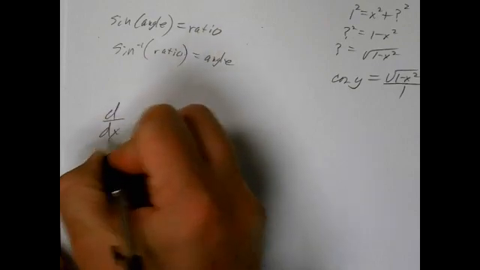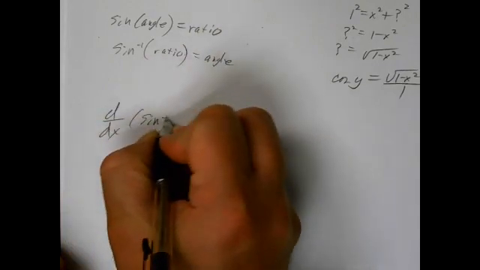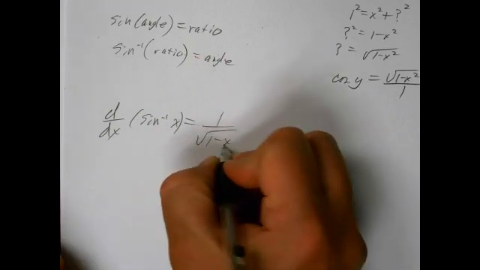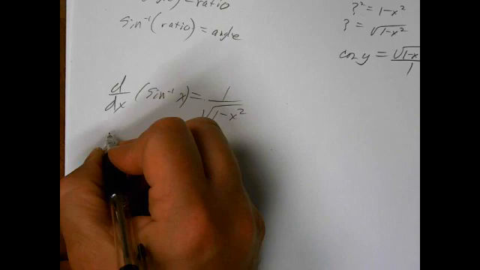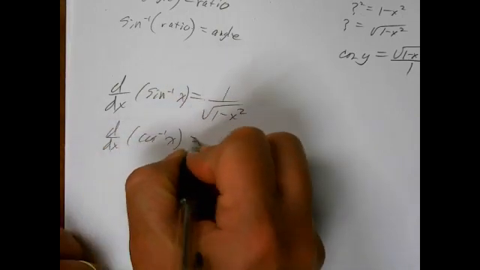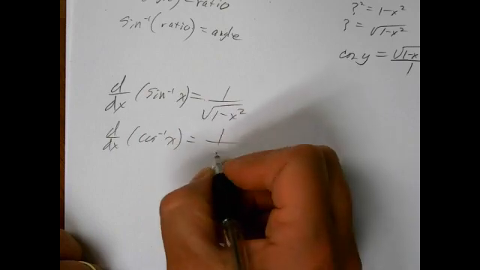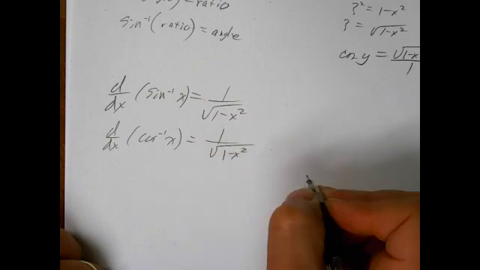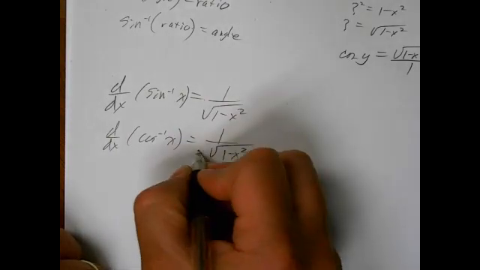The derivative with respect to x of the arc sine function is 1 over the square root of 1 minus x squared. The derivative with respect to x of the arc cosine is 1 over the square root of 1 minus x squared with a negative sign out front.